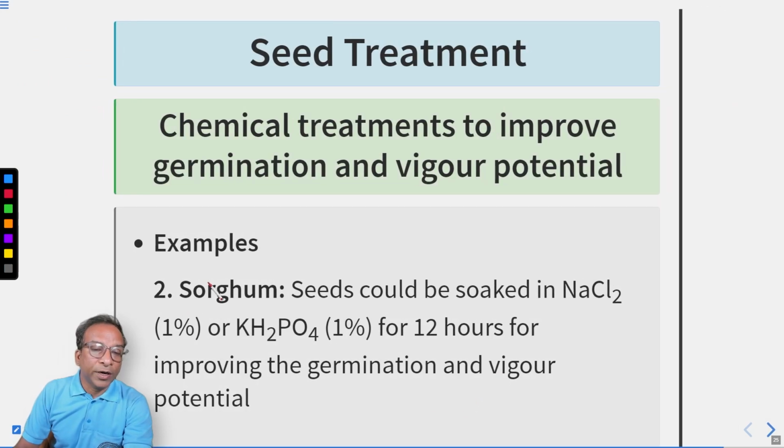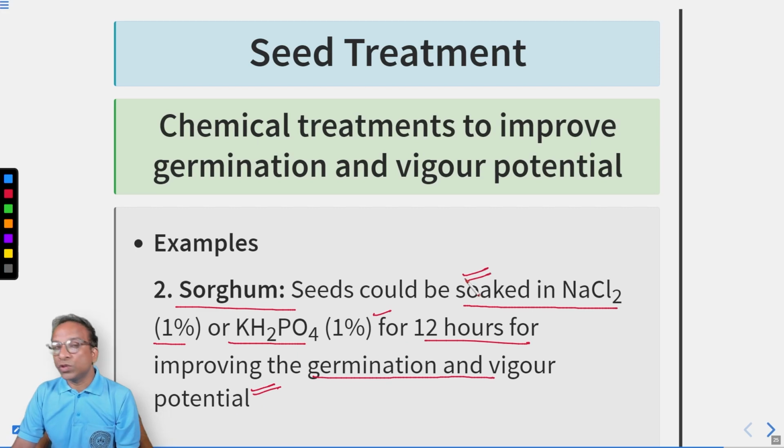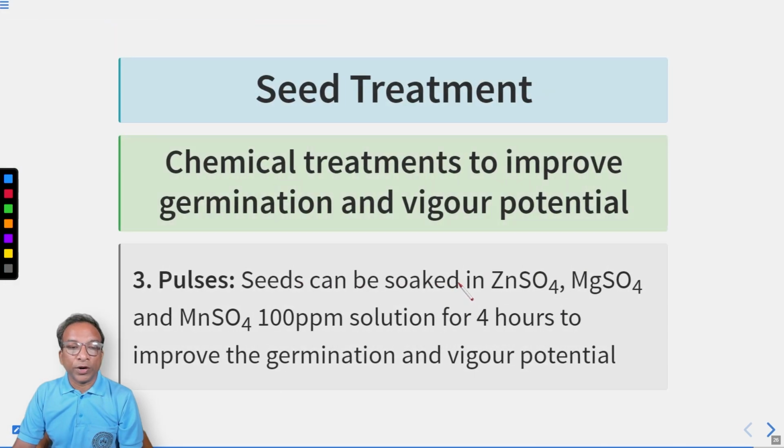Next is sorghum. Seeds could be soaked in 1% NaCl or 1% potassium hydrogen phosphate for 12 hours for improving germination and vigor potential. So these are some of the chemicals that can be used for paddy and sorghum.